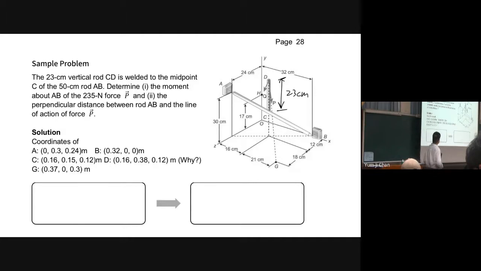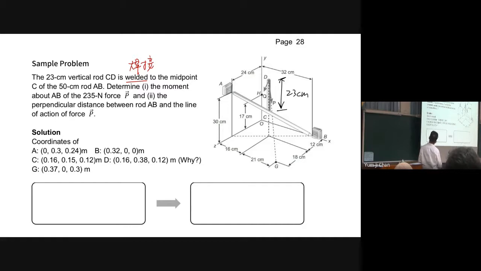Vertical rod CD is welded to the midpoint C of the 50 cm rod AB.